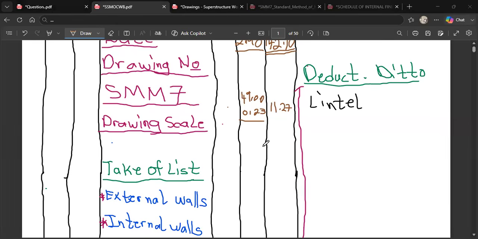So secondly, we're also going to look for the windows. The length is one since it runs throughout the building. That is why I multiply it by the total length of the building. And I have this. So what else am I going to do? I'm going to focus on the windows.